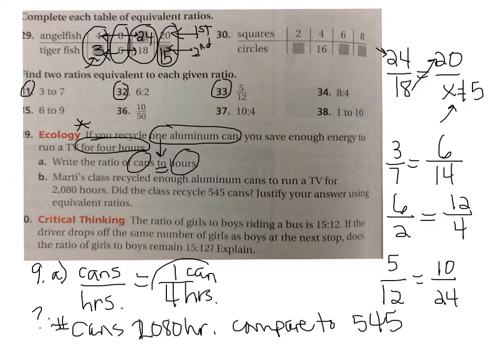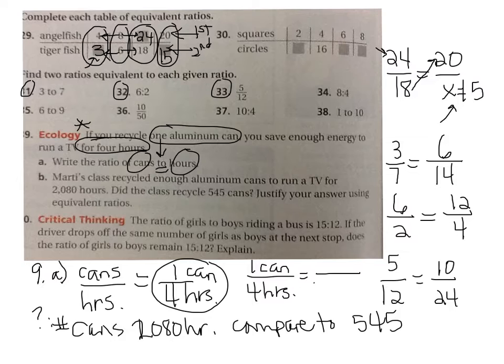We're going to use this ratio, because I know that for 1 can, it can run a TV for 4 hours. Stay with me. I'm going to create a ratio. 1 can for 4 hours equals, what information do I know? Number of cans or number of hours? Number of hours.